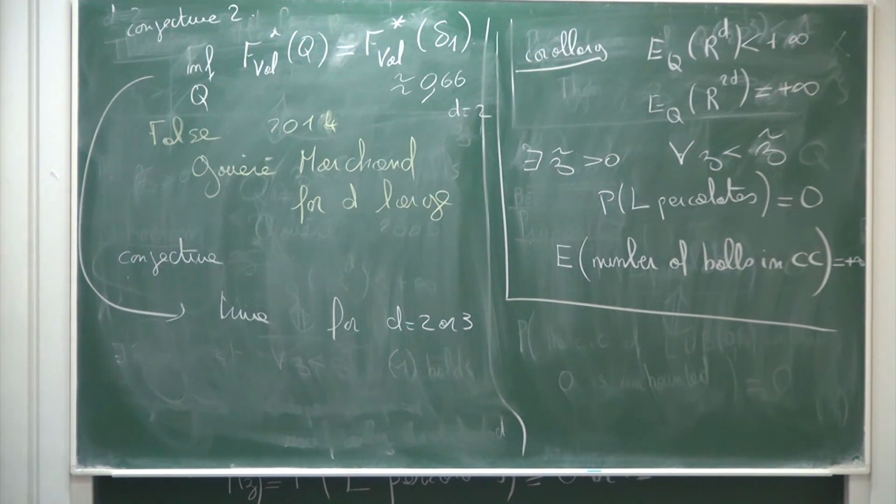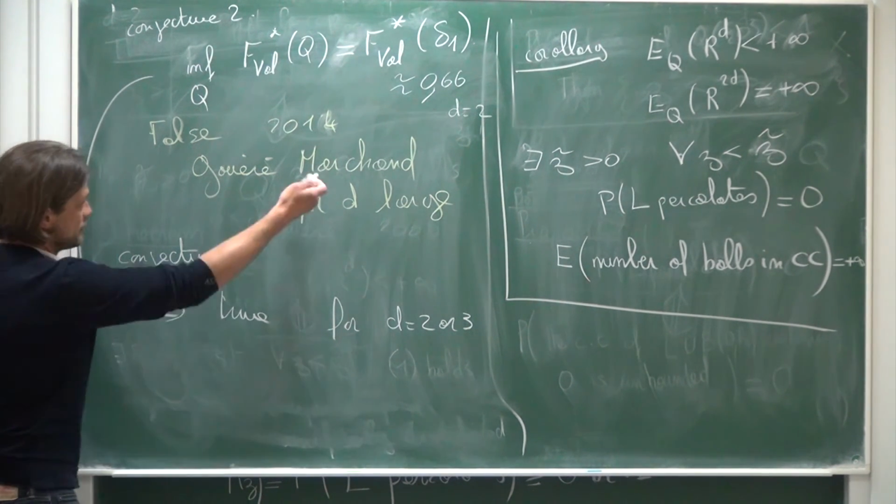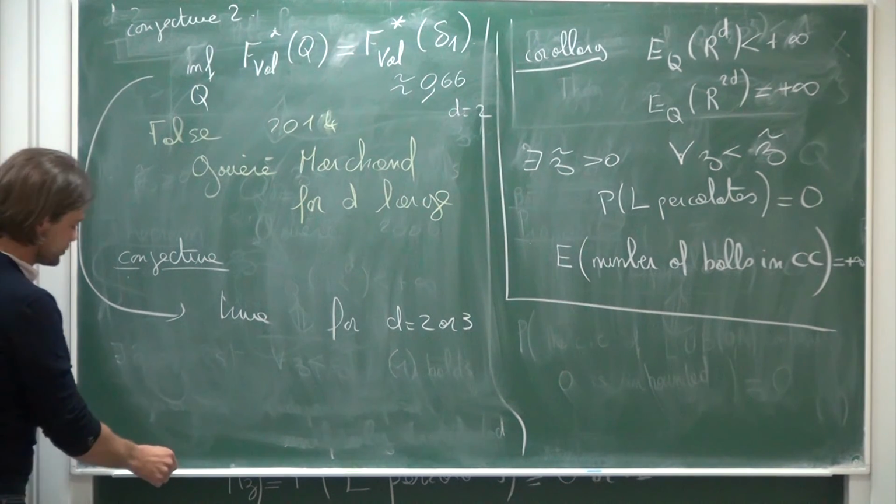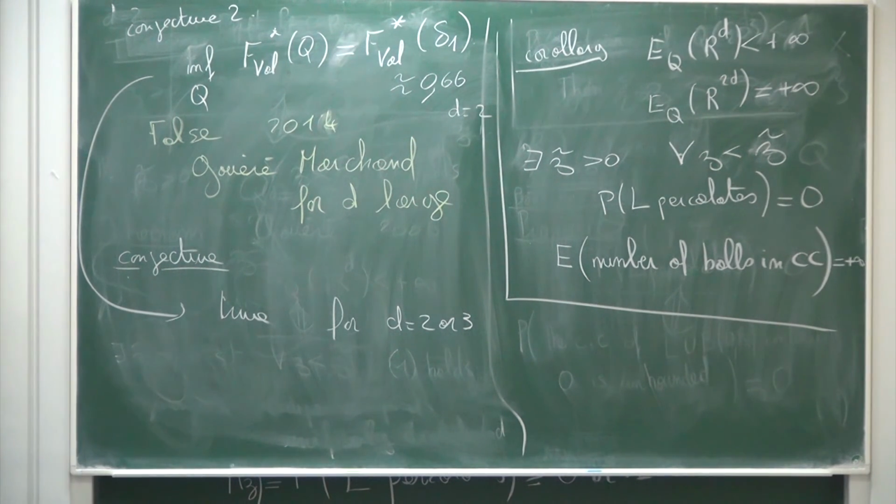It's a very nice conjecture, and we are working with my colleagues on it. We are not very far from proving it, but it's not done, so it's still a conjecture. I finish with this conjecture, and I thank you for your attention.